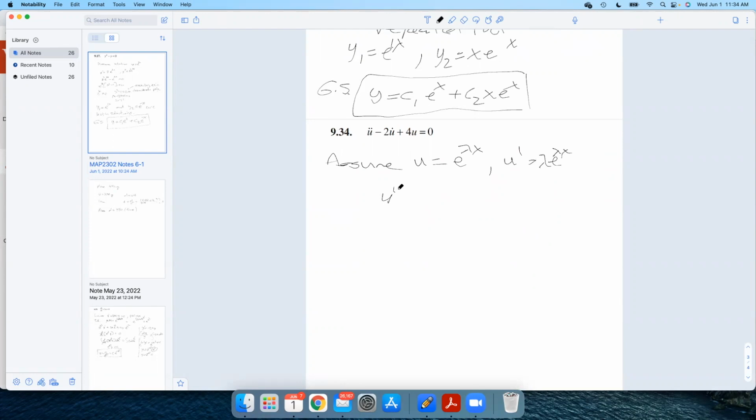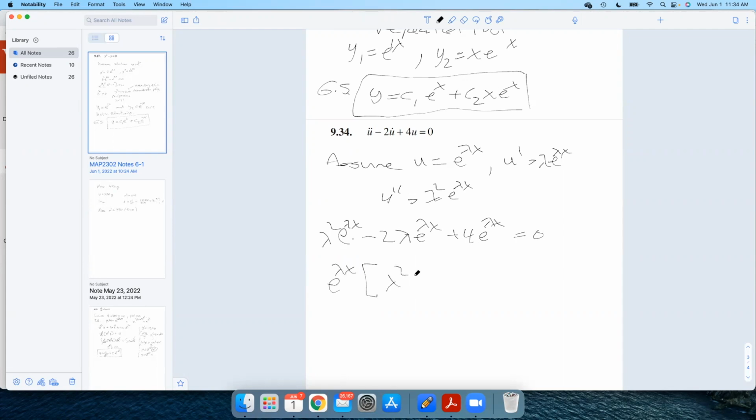U double prime, lambda squared, e to the lambda x, plug everybody in. Minus 2 times the derivative plus 4 times the original equals 0. Factor out that e to the lambda x.